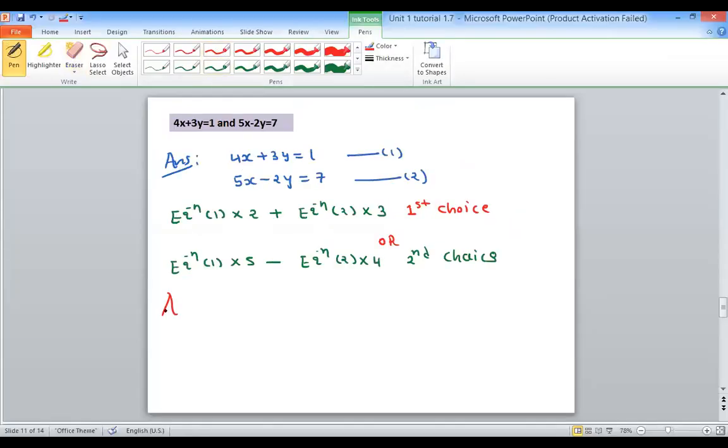Answer is x is 1 and y is minus 1. If you got it, then you are right. Otherwise, check your answer. And tell me in your chat box how many students got it.